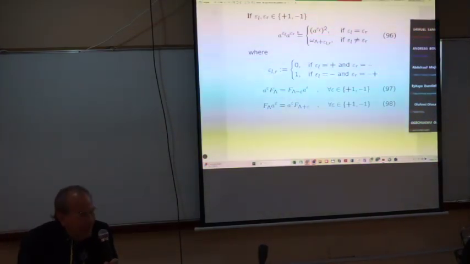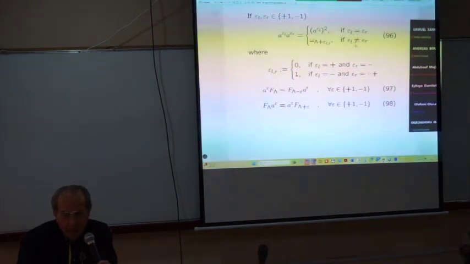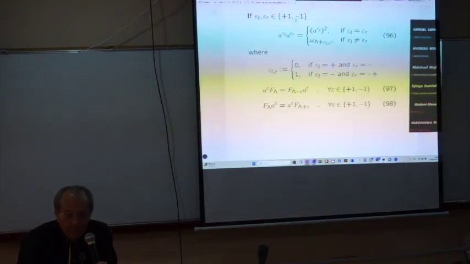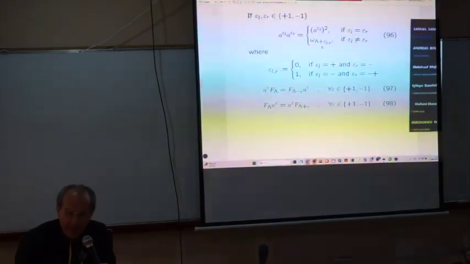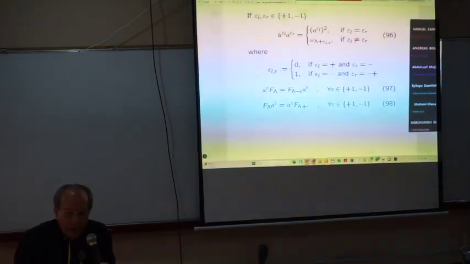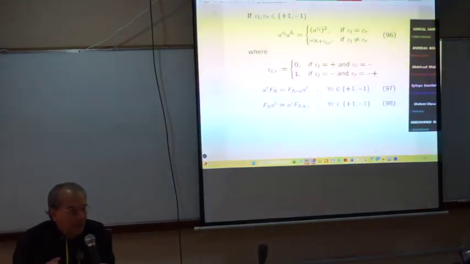What is really important and very special about the new approach is that if they are different, and you see here I am restricted, I am not allowing 0 here, I am restricted to plus and minus, there are only two possibilities: the right is plus and the left is minus, or the left is minus and the right is plus. These are the only two possibilities.